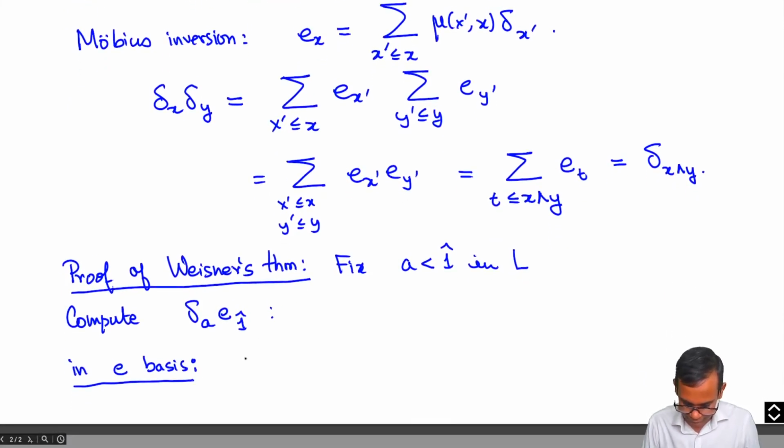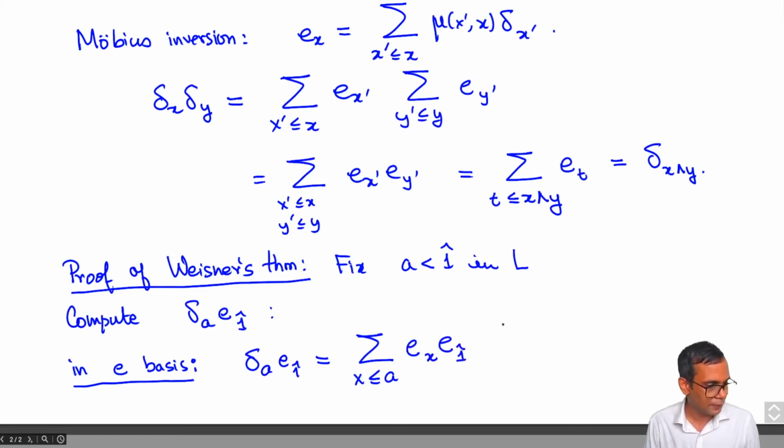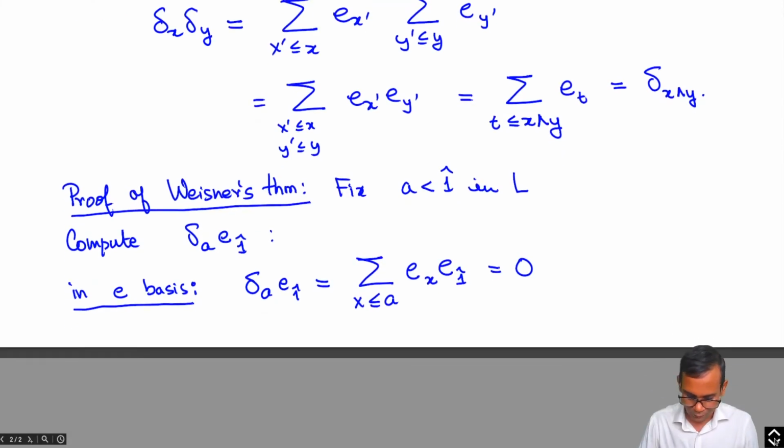So what we get is delta_a E_1hat is equal to the summation over x less than or equal to a of E_x E_1hat. But that is of course equal to 0 because a is strictly less than 1 hat, and x is less than or equal to a. So x can never be equal to 1 hat. Okay, so that was easy.